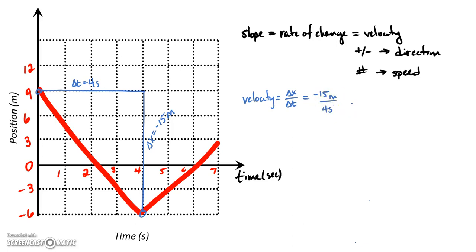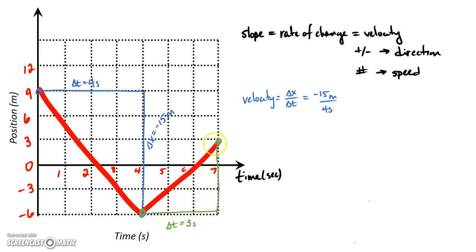All right, so now let's look at the second one, because we had two. So let's go green. It's very earth conscious. So let's pick this point, and we'll pick this point here again, and I'll make another triangle. And so here you can see that my change in time, I went from 7 to 4, so that's only 3 seconds.